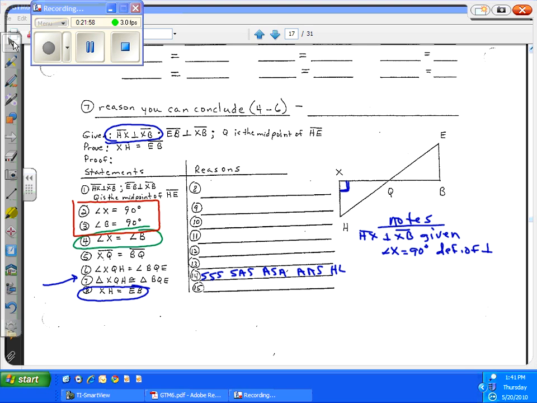Give me just a second. Okay. So the properties of equality in this textbook are on page 22.